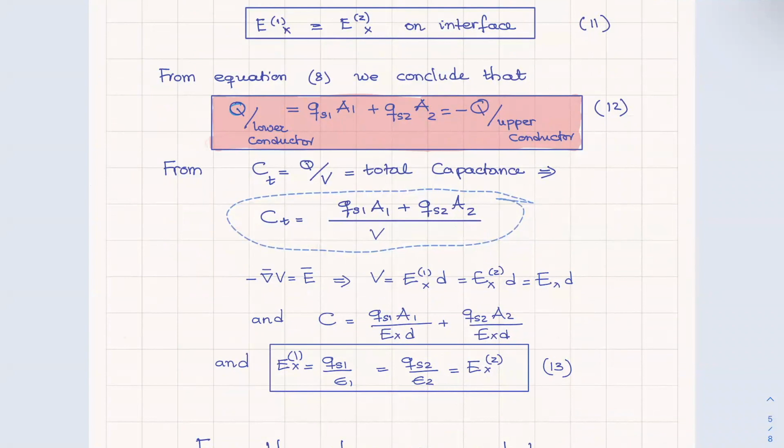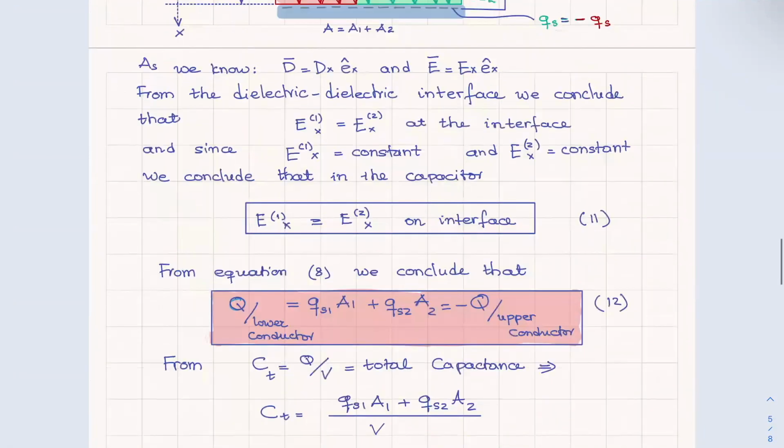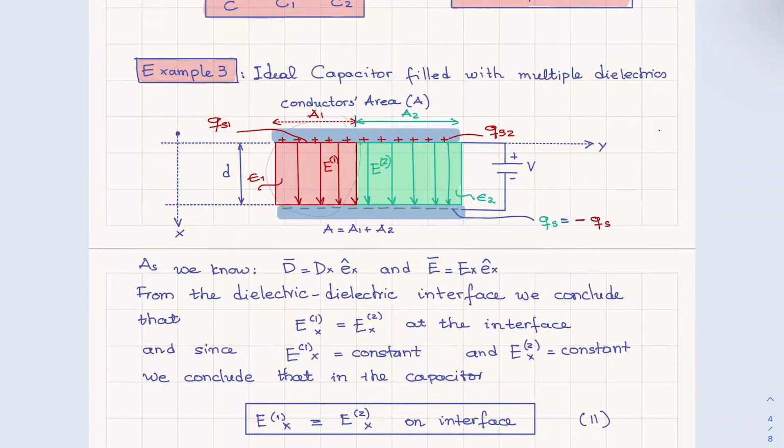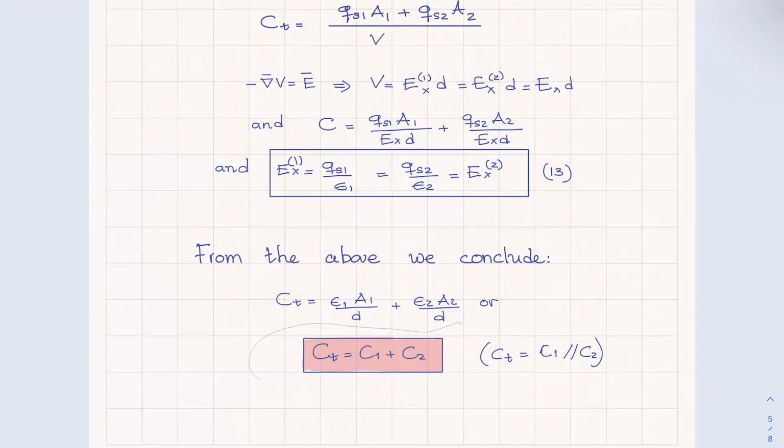If you follow this, you can consider this one as one capacitor, and this one as a second capacitor. Since the two capacitors share the same two conductors, they are in parallel, and therefore the total capacitance is going to be the sum of the two.